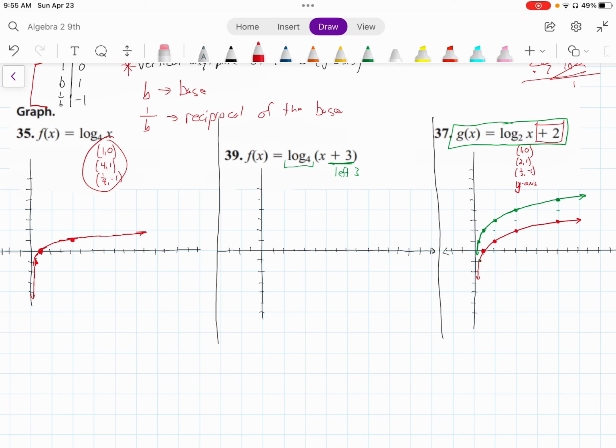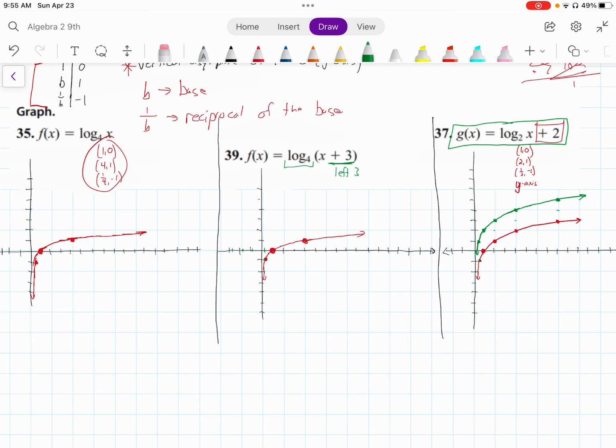So we have the point 1, 0, 4, 1, and 1/4, negative 1. That's the parent function. And we're going to move everything left 3. So this one goes left 3. So it's at 1/4. It's going to go to negative 3/4, negative 1 1/4, negative 2 1/4.